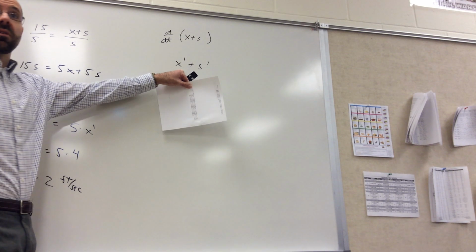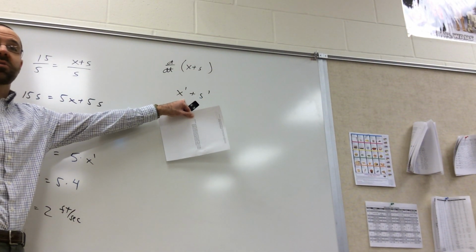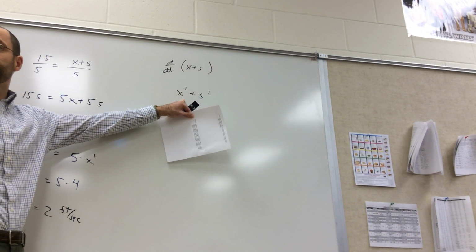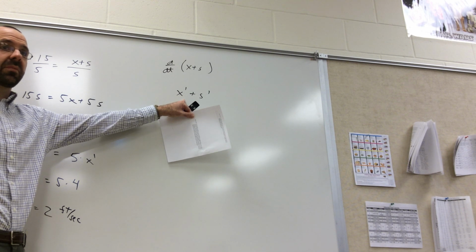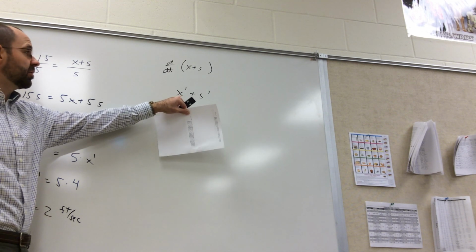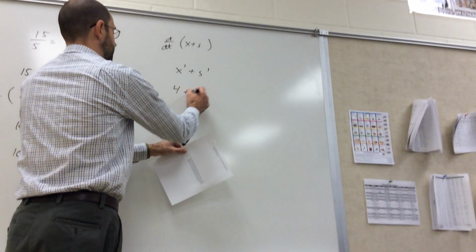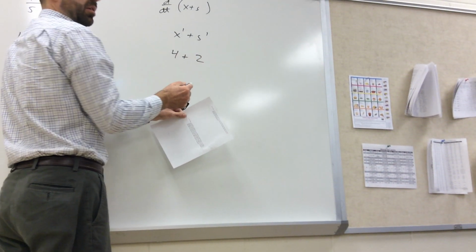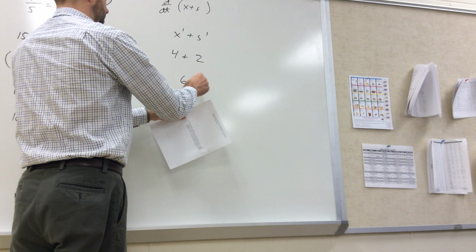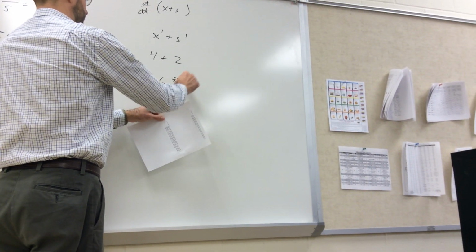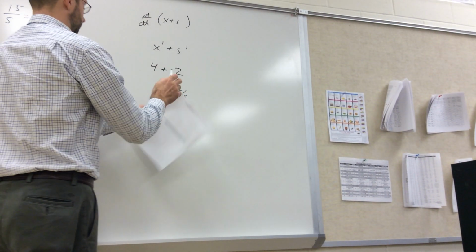And when you take the derivative of 2 things added, you just take the derivative of the first thing plus the derivative of the second thing, right? So x prime is 4, and s prime is 2. So that means that the x plus s prime is 6 feet per second.